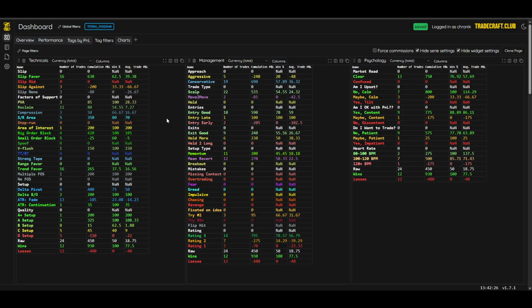So I'll go to tag and I want to find it. But what I'm going to do before I do that is I'm going to reorder. I messed the order up in here, so I'm going to reorder these so I can find it faster, or at least bring this to the front.